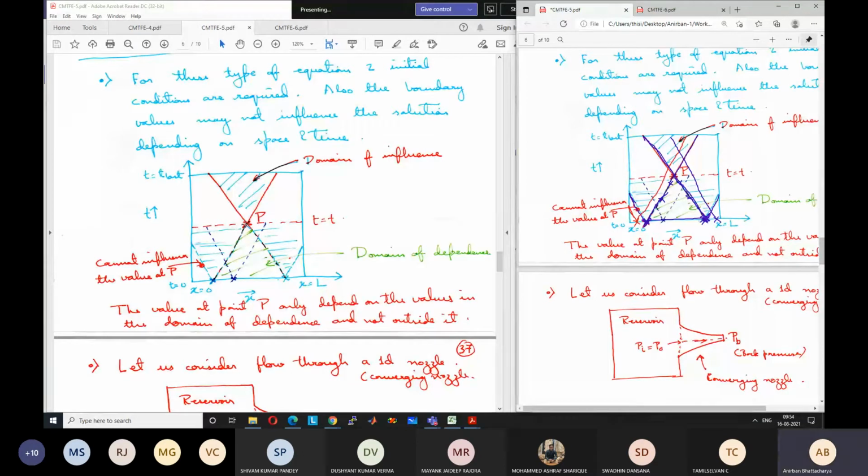Which is the initial condition, and where are the boundary conditions given? So at which point is the initial condition given and at which point is the boundary condition given? What is the meaning of initial condition and what is the meaning of boundary condition?